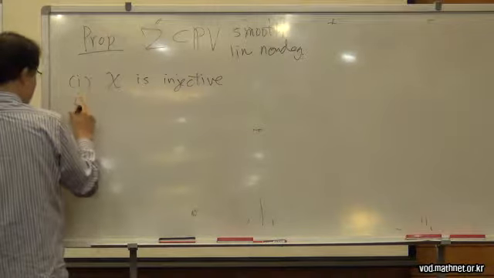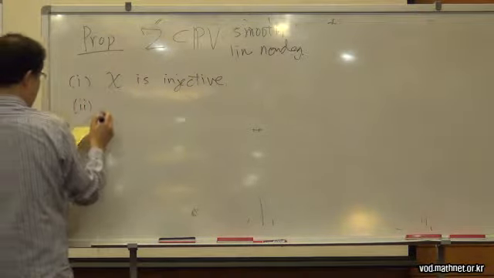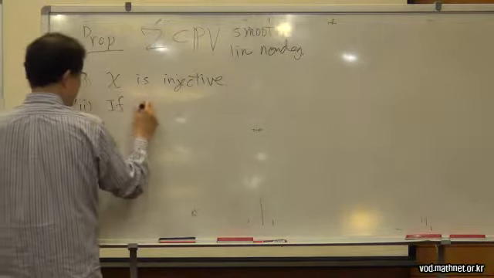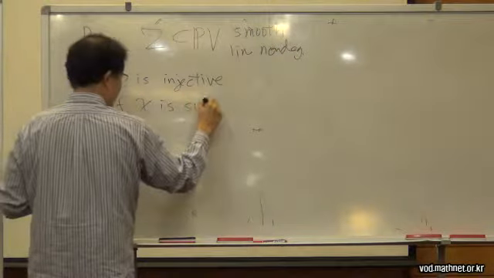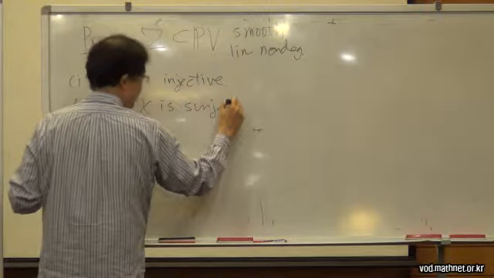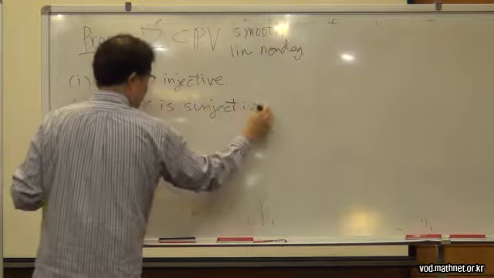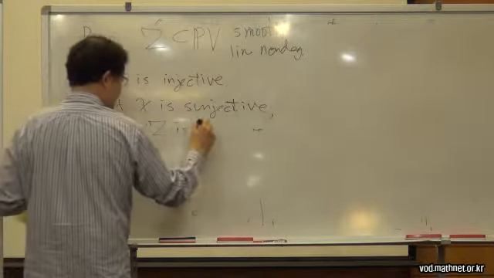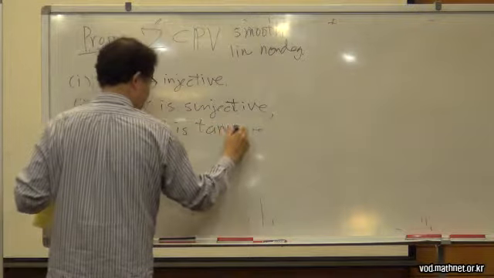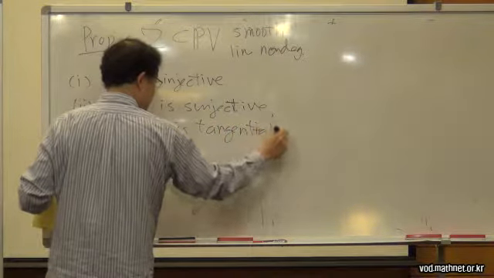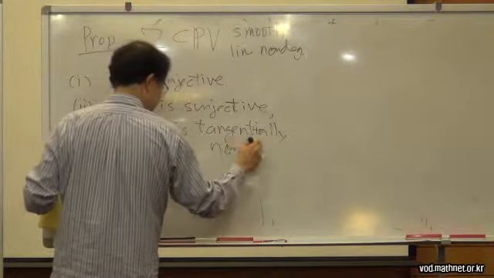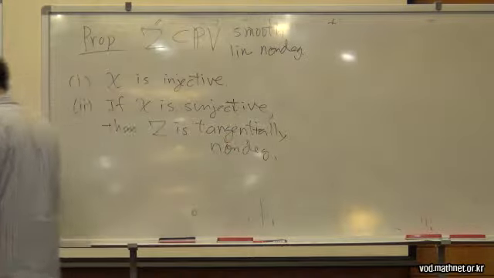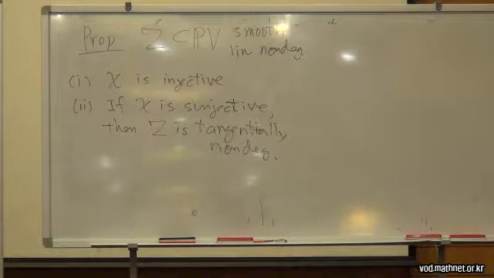And 2, if chi is surjective, then Z is tangentially non-degenerate. Now I remember one thing. Okay, so this is the proposition.